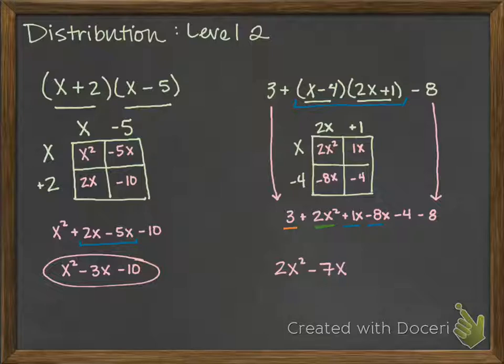So I see 3, a negative 4, and a negative 8. So if I do 3 minus 4, I get negative 1. And if I have negative 1 minus 8, I get negative 9 or minus 9. So my final expression, once I have multiplied and distributed everything out I can possibly distribute, I am left with 2x squared minus 7x minus 9.